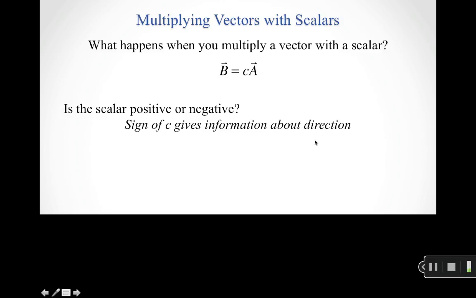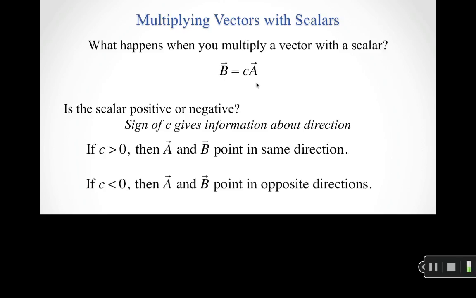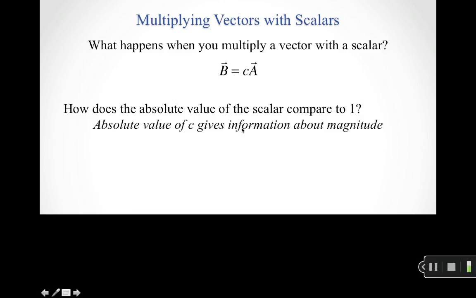The sign of my scalar C gives me information about how the direction of vector B compares to the direction of vector A. If C is a positive number, then A and B are going to point in the same direction. This is something we'll come back to time and time again: if you take a vector and multiply it by a positive number, you don't do anything to change the direction. On the other hand, if my scalar is negative, then A and B will point in opposite directions. So the sign of my scalar tells me about direction.